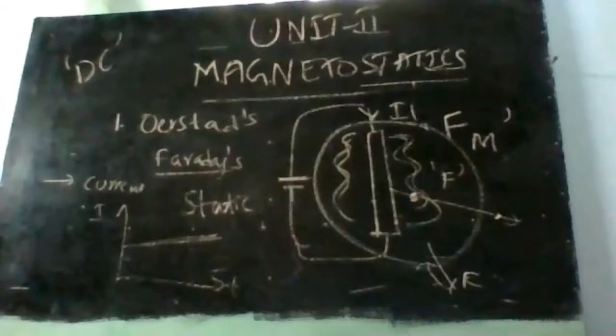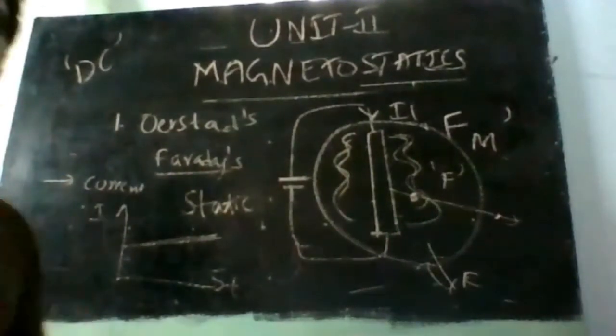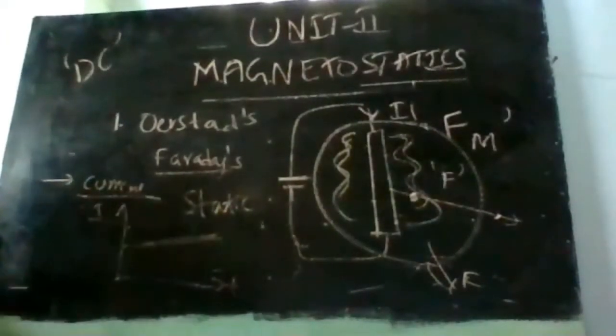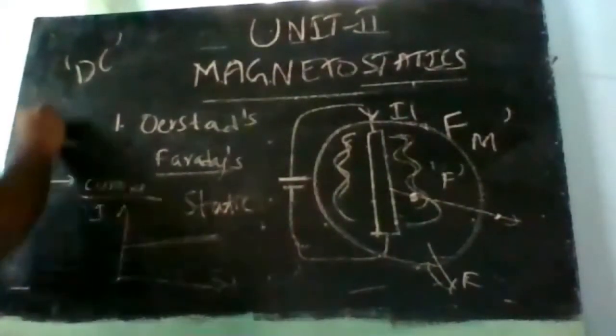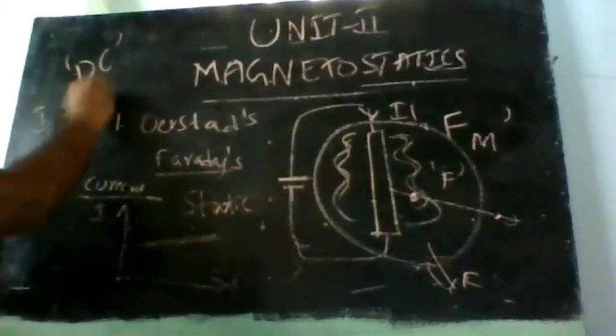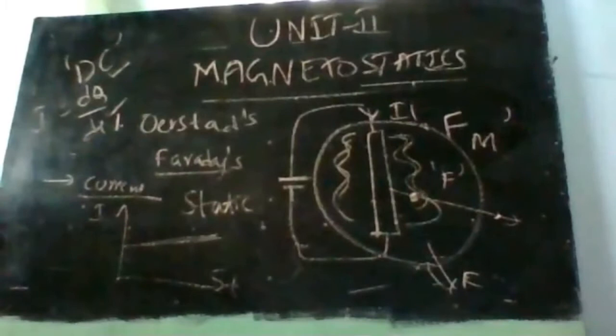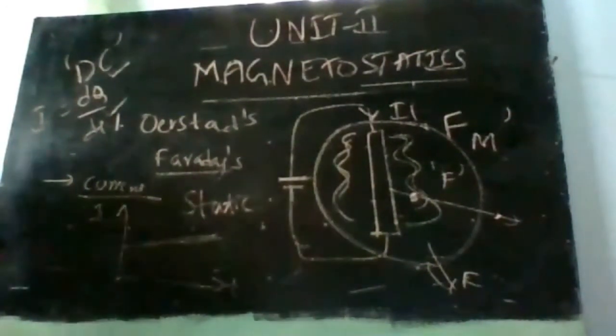Charges at rest produce an electric field, but if the charge is moving with constant velocity, then I get constant current. Constant current is I equal to dq by dt, the rate of charge with time. That means the same number of charge particles are moving per unit time, all with constant velocity.